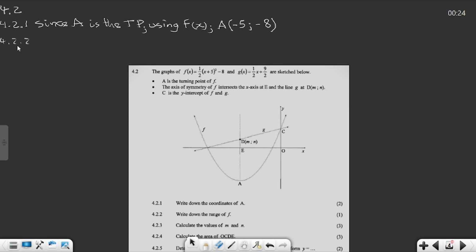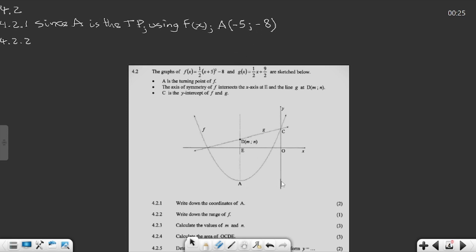Okay, 4.2.2. So the range will be all the values of y that exist for this graph of f. So it will be from, what is that point A? You just wrote the coordinate down. There are the coordinates. So you know that -8 is there.